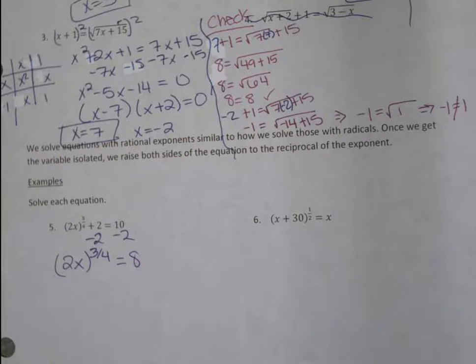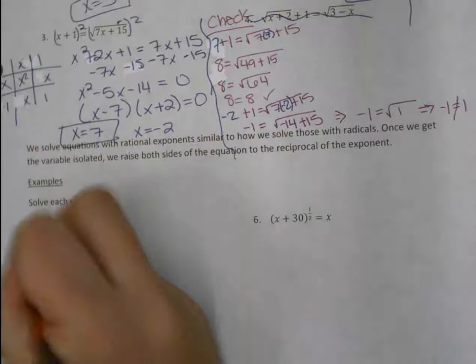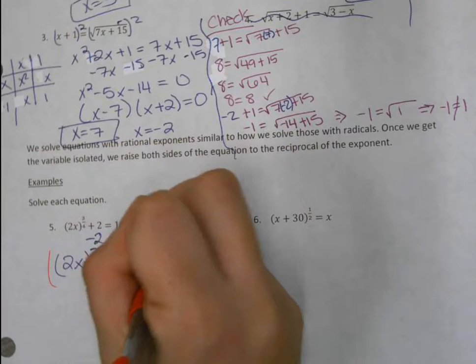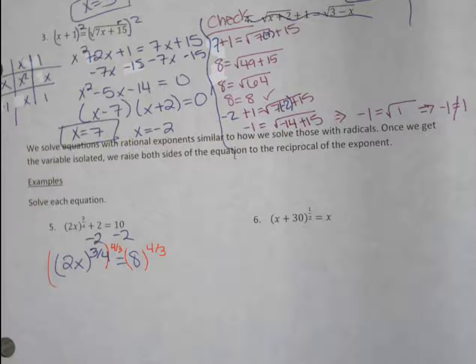Okay. So then what I'm going to do is, you see my exponent? I'm going to take the exponent and flip the numbers. So I'm going to raise it to the 4/3 power, because I have to get rid of the exponent. The radical: the square root of 3, or the cube root of 3, and then to the 4th power. It's the same thing.